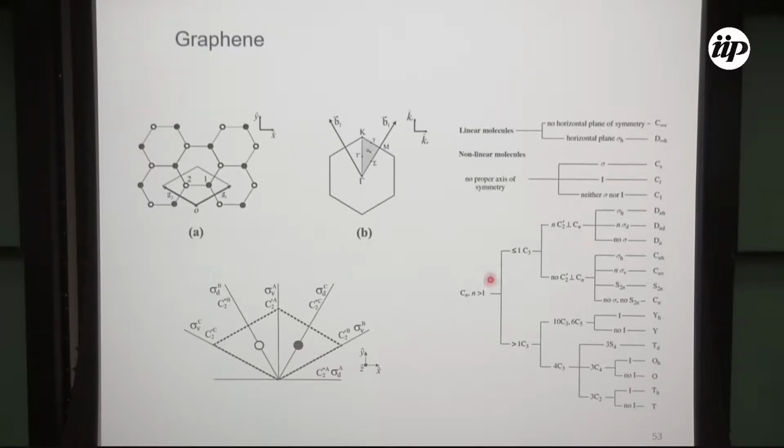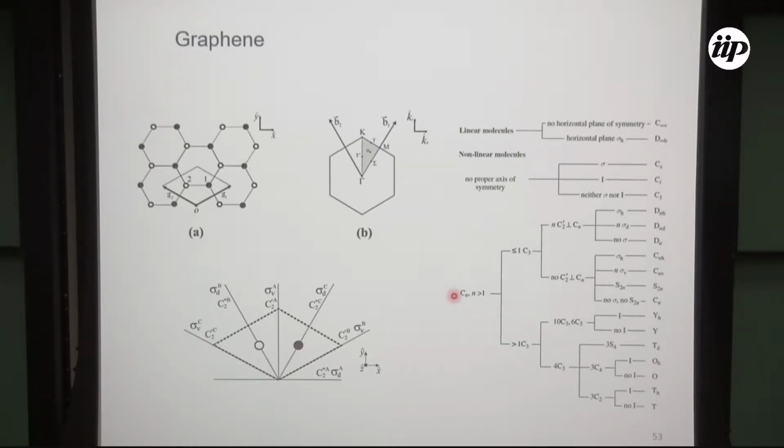The pathway is quite simple. Let's see here our scheme which I showed yesterday. We have a Cn axis, with n larger than 1. This is a C6, the largest order axis in graphene.